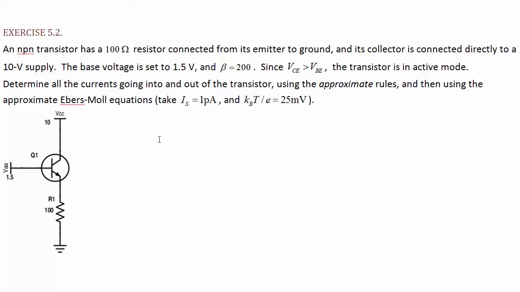Okay, so the approximate rules say this is just a forward-biased diode, so the drop is 0.6, which means there's 0.9 volts there, and you can say what the current is through this resistor here. The emitter current is approximately equal to the collector current because beta is large. That tells us what the collector current is as well, and then we just divide the collector current by beta to get the base current.